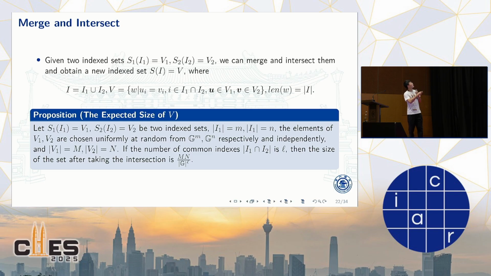For more detail, given two index sets S1 and S2, we can merge and intersect and obtain a new set.